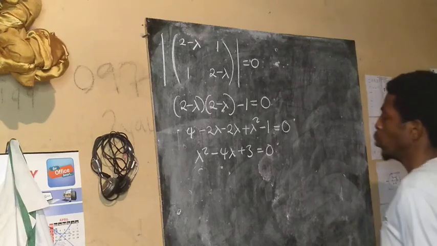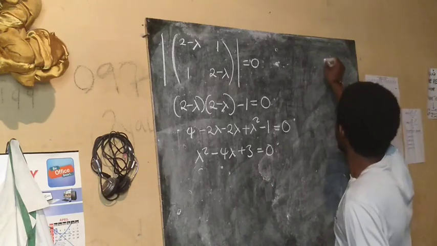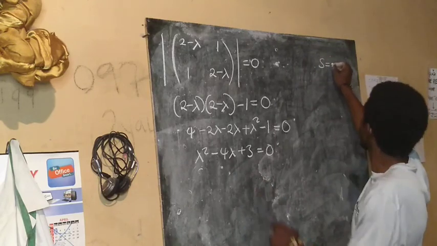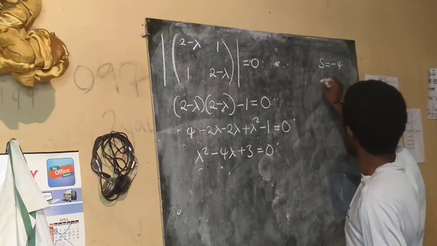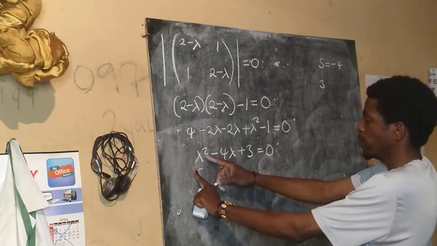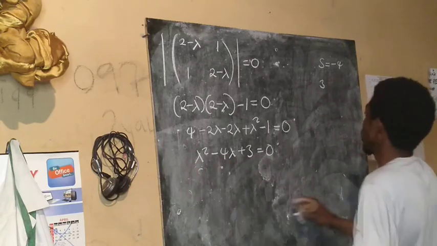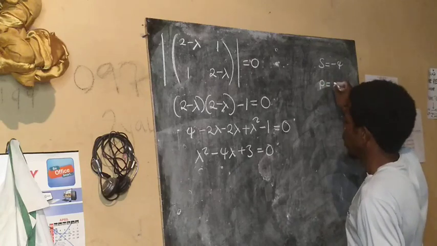So this is our sum: sum equals negative 4. Product equals 3. Product is the coefficient of lambda squared multiplied by the constant. So our product equals 3.